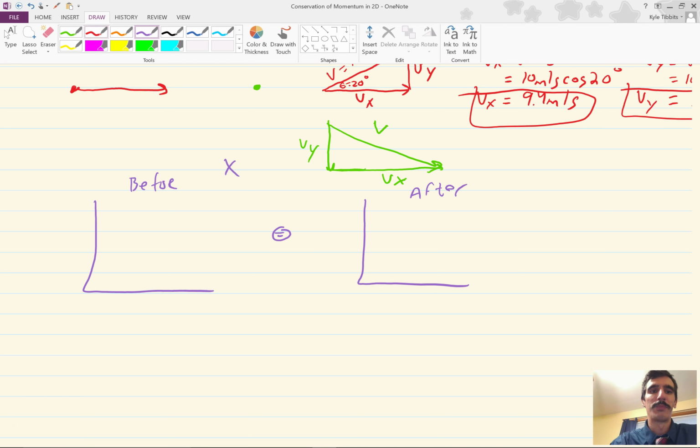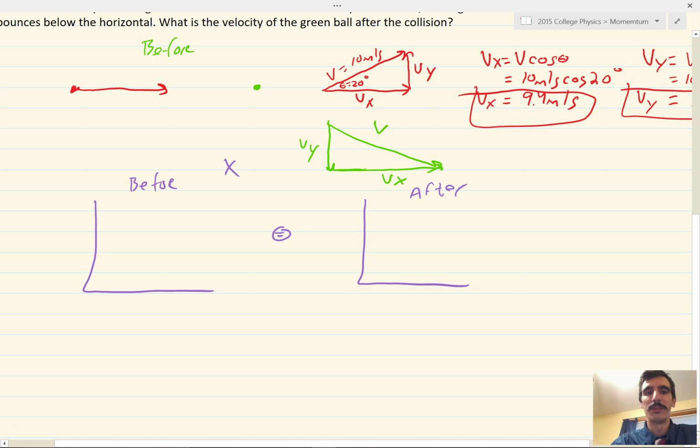Okay, so let's look at the red ball in the x direction. Is it moving? Yes. Is it moving in the x direction? Yes. So the red ball has momentum. We'll call that M1V1. The green ball, is it moving before they collide? No. So it does not have momentum.